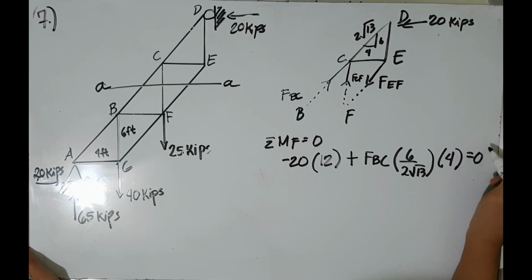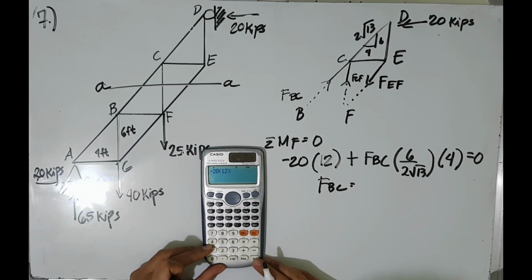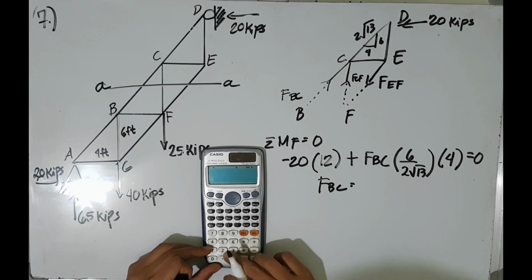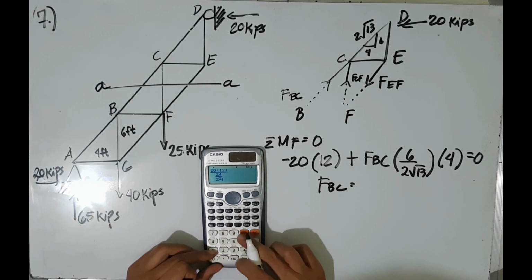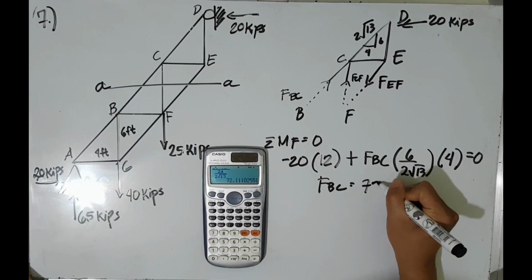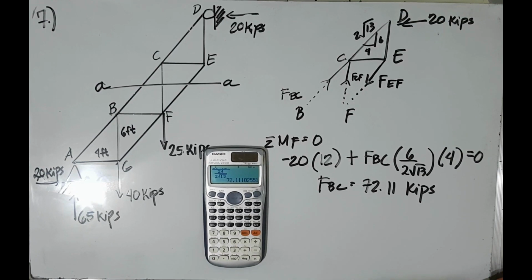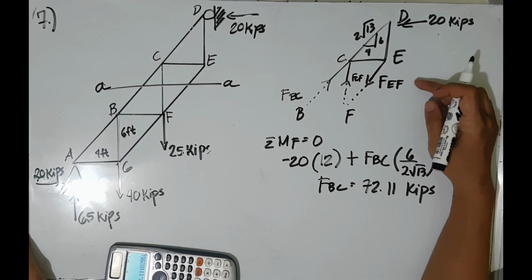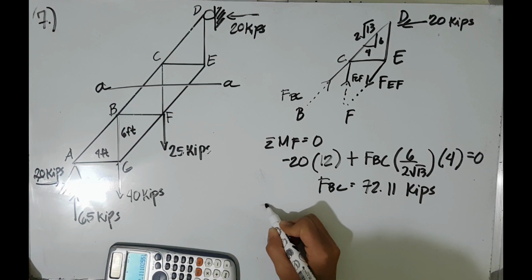Therefore, force BC is equal to 72.11 kilopounds.